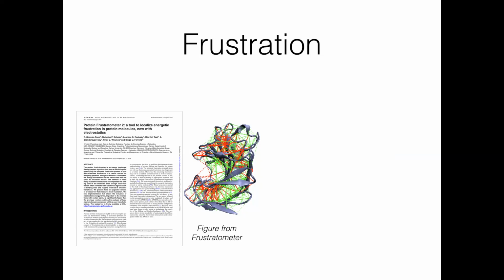An amino acid in a protein that has freedom to move a lot would have a low frustration, and an amino acid that is very contained in space would have a high frustration. The idea is that the amino acid would be frustrated if it couldn't move.